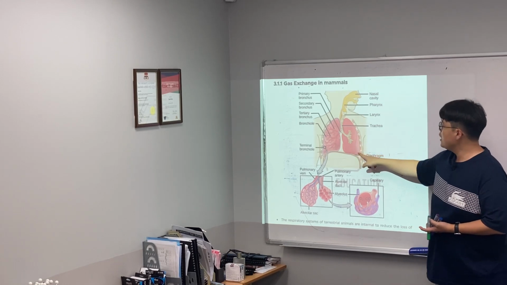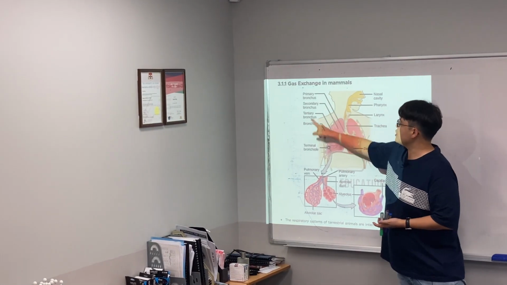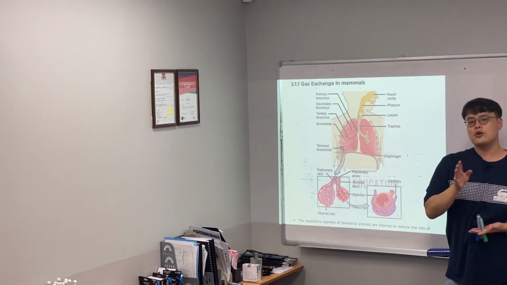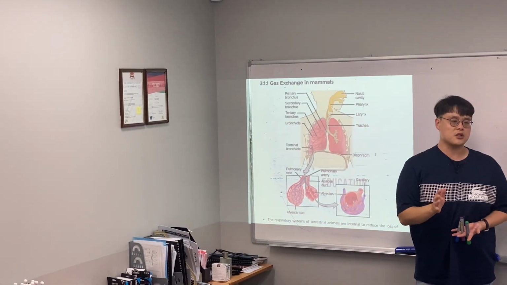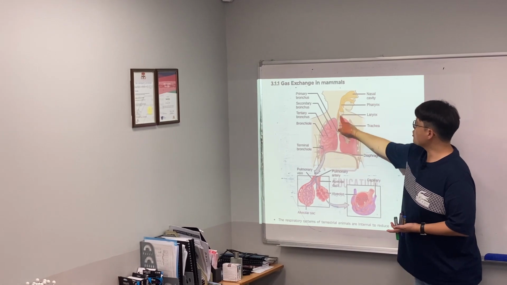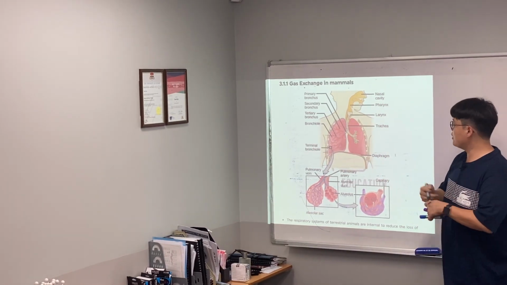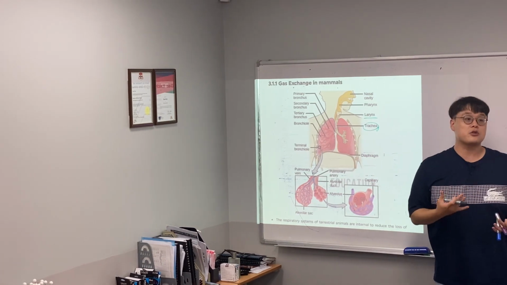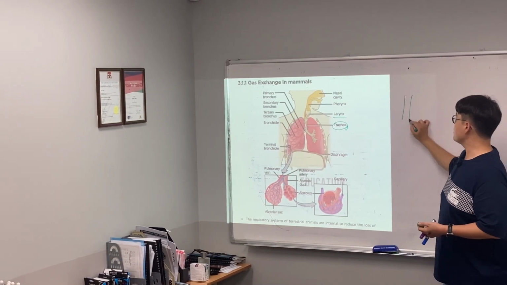And from that, we have something called the bronchus. There are three types of bronchus: primary, secondary, and tertiary. You don't need to know the primary and secondary in here. Just say, from that long tract, from the larynx to the lungs, think about a tree.